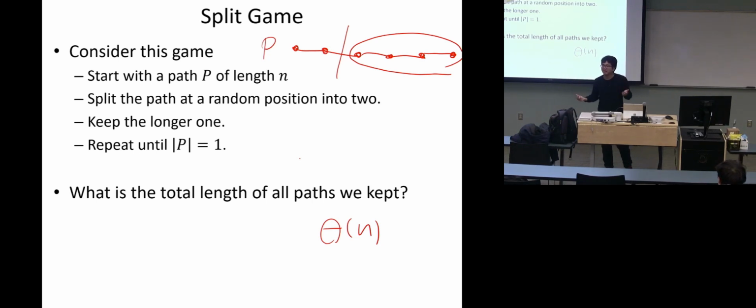Even for that worst process, going to the largest side all the time, the running time is linear in expectation. And that analysis is just the same thing as this process, where the path is just the numbers, you choose a random pivot, split, and go to the larger side. So the total length of all the paths you kept so far is really the same thing as the running time of randomized quickselect.